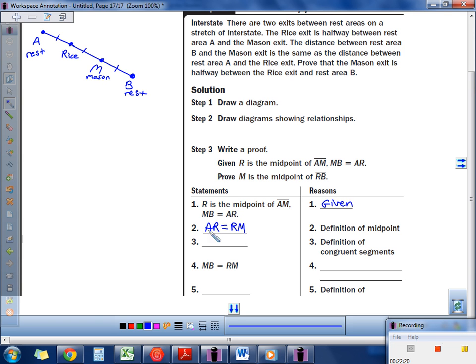Technically, we should be doing congruence. AR, the segment, is congruent to segment RM. That way we can do the silly one they say in step 3. Definition of congruence is what they ask us to do in step 3. What's that do? Changes it to an equals. So it's what I wrote down the first time.